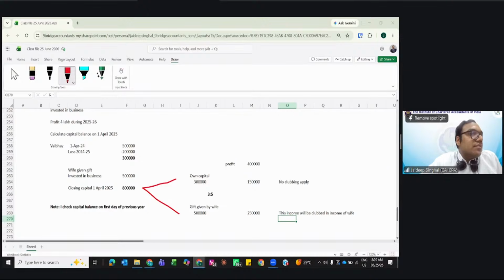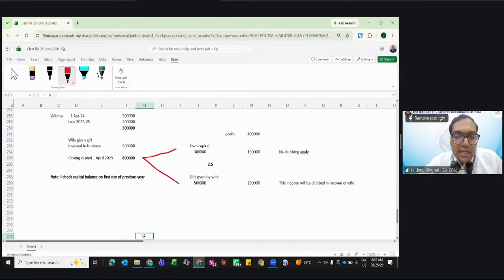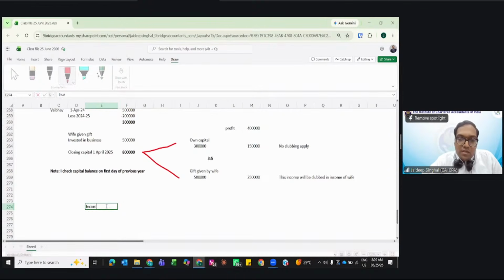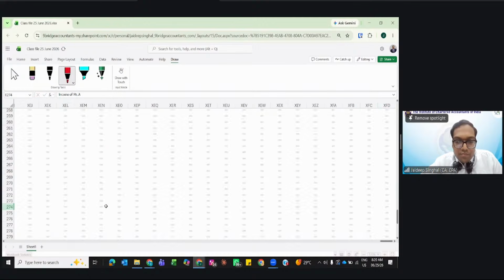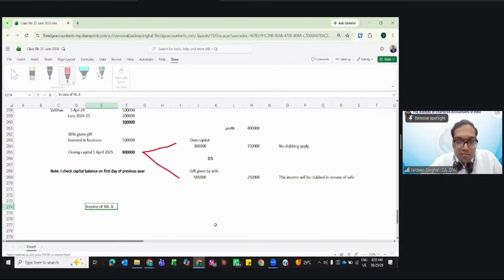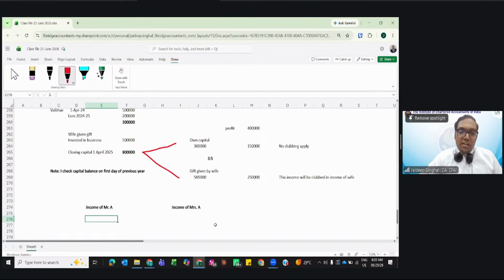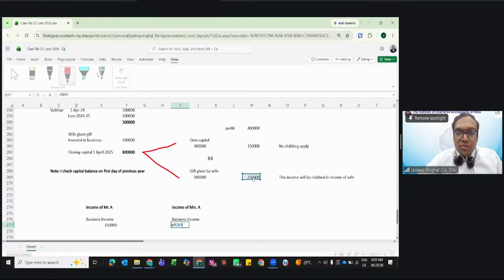Is that clear? So I can write income of Mr. A and income of Mrs. A. Mr. A's income will be business income 1,50,000 and Mrs. A's income will be business income 2,50,000.